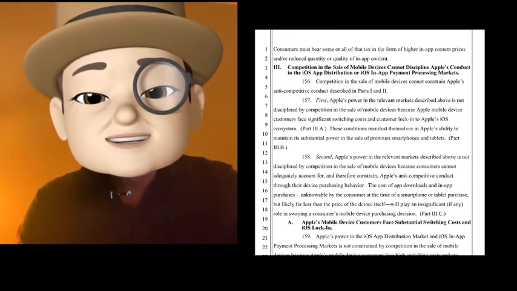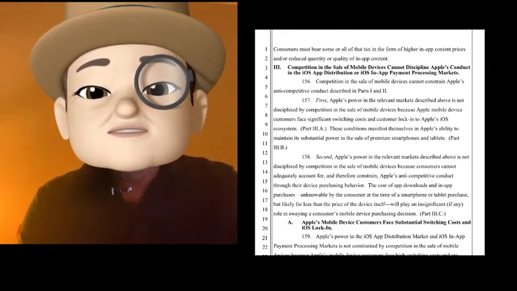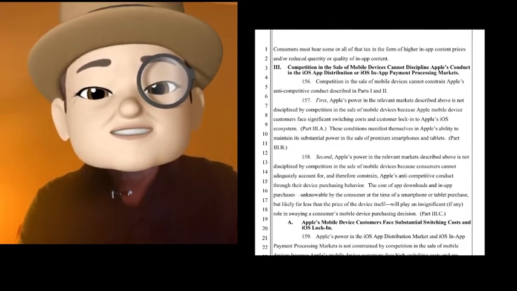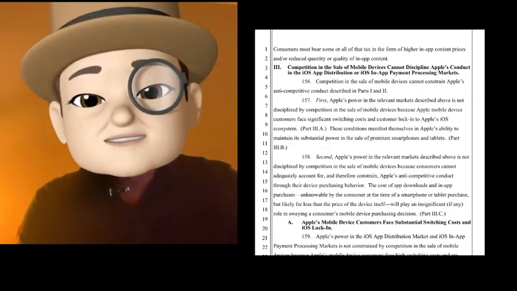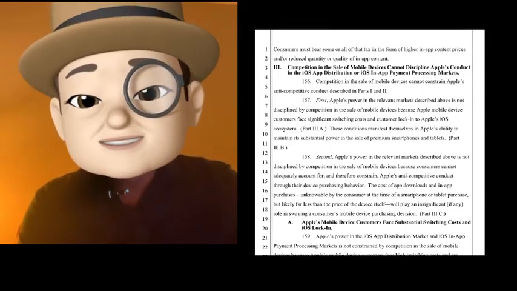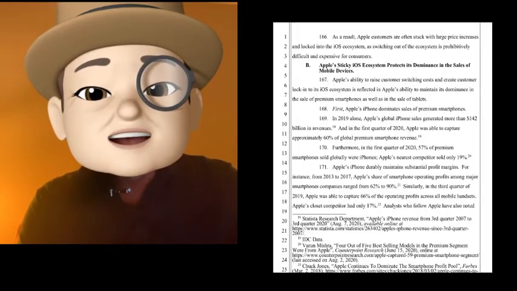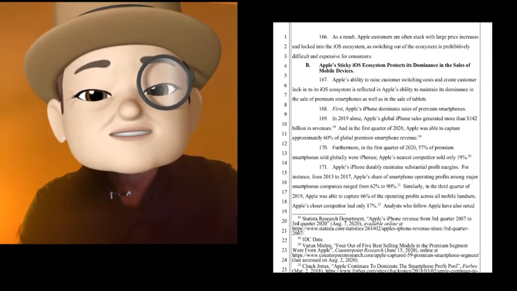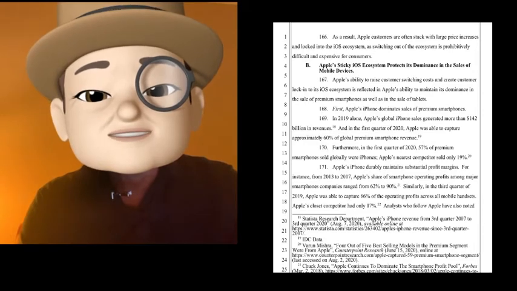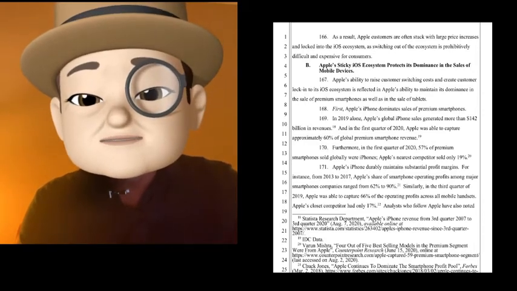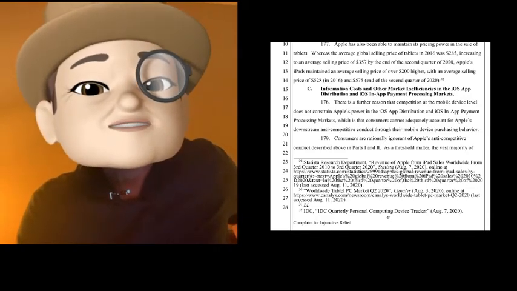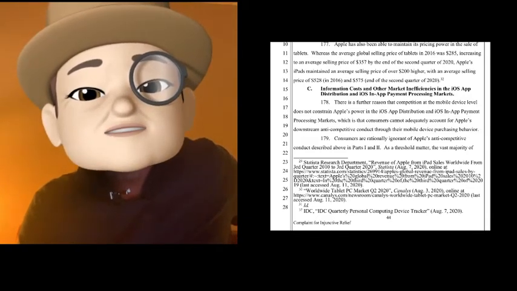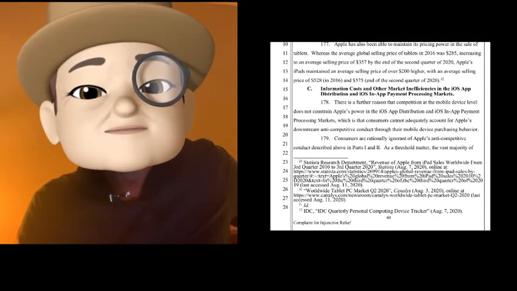So basically it's saying the first argument, Apple's mobile device customers face substantial switching costs and iOS lock-in. So that's one argument that they make. The second argument is that Apple's sticky iOS ecosystem protects its dominance in the sales of mobile devices. And then the third point they make is information costs and other market inefficiencies in iOS distribution, iOS in-app payment process market.